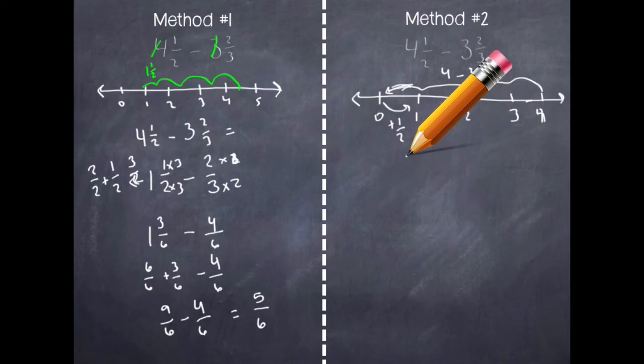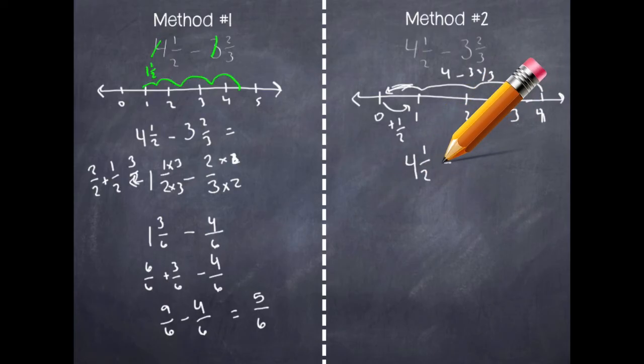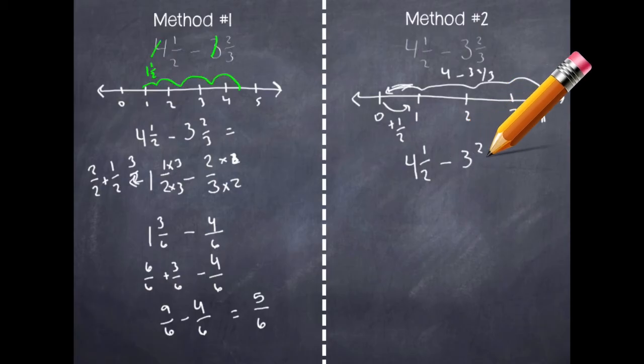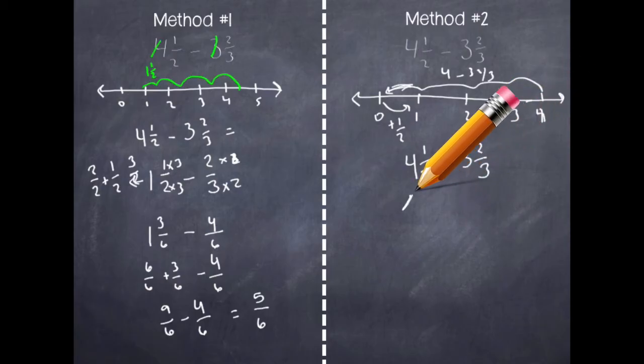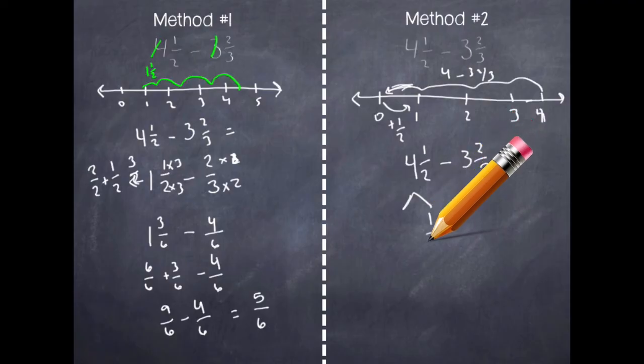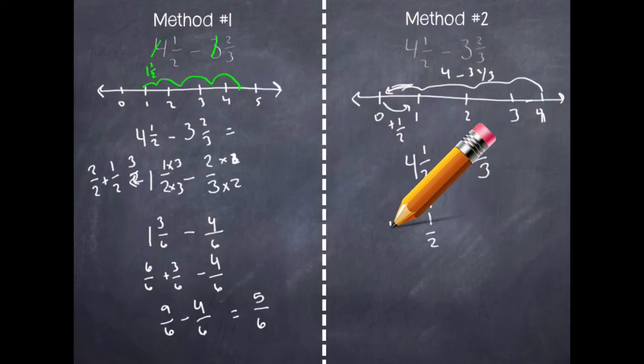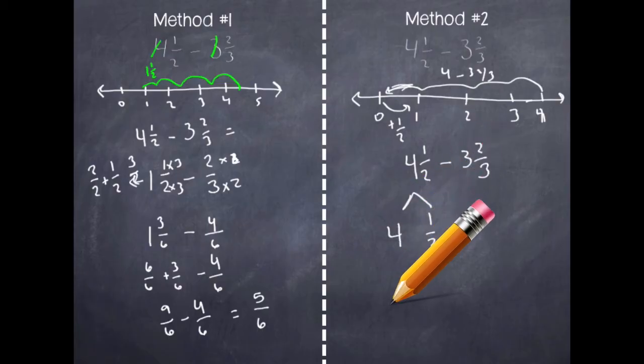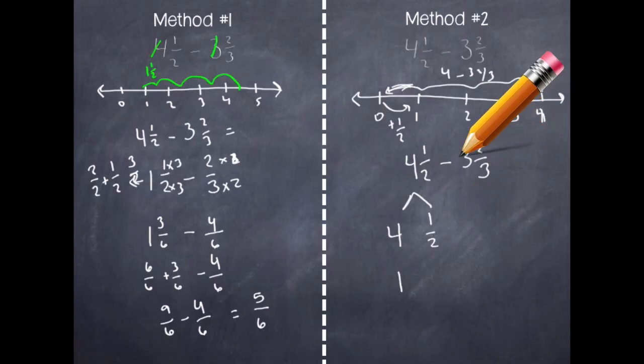So let's take a look at that numerically and see how it shapes out. 4 1/2 minus 3 2/3. Again, I can split this up. I'll keep my half over here, and I'll think of this as 4. So 4 minus 3 would leave me 1, but I also have to subtract this 2/3.